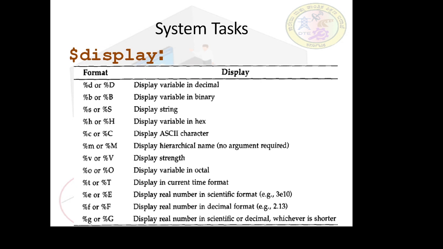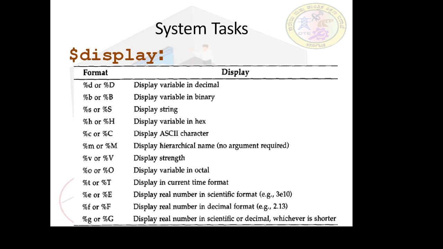These are the display keys. Percentage D, whether uppercase or lowercase, is used for displaying a variable in decimal form. Percentage B is used for displaying in binary form. Percentage S for string. Percentage H for hexadecimal values. Percentage C for ASCII characters.